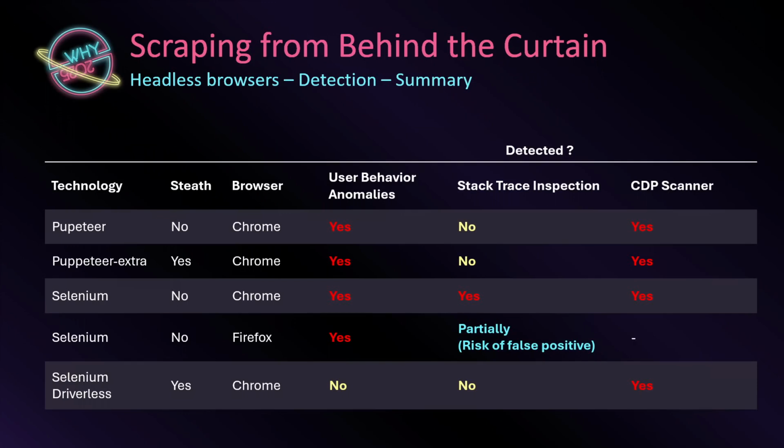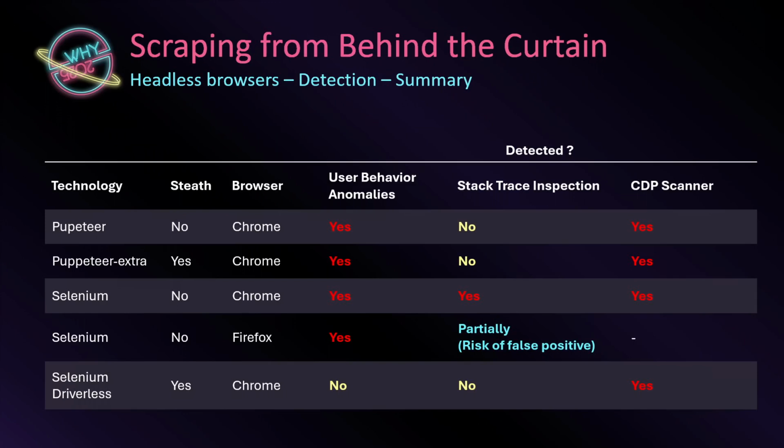For Firefox, it partially works, but you can increase the accuracy of the stack trace fingerprint by parsing the code before. Because you can parse the source code of our web page and check that our fingerprint is not a false positive due to an inline script on the web page.